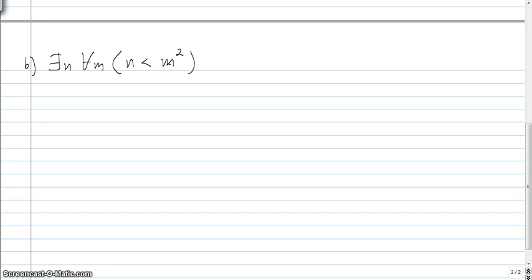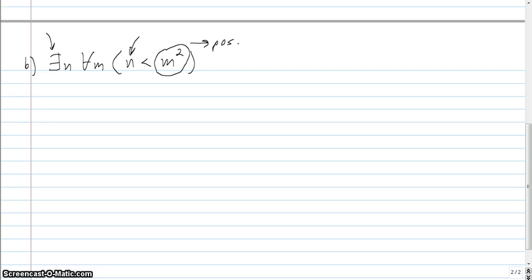If you have an integer squared, that's always going to be positive. And the existential quantifier is on n. So all I've got to do is pick out some n that would always be less than a positive. Since my domain is integers, I could pick any negative integer for n.